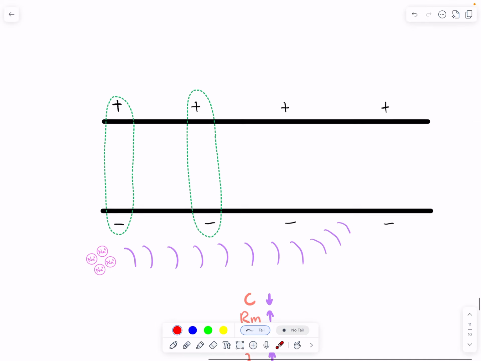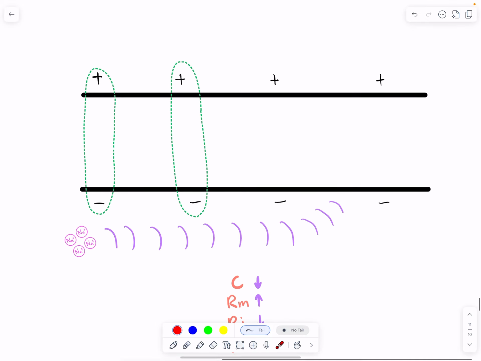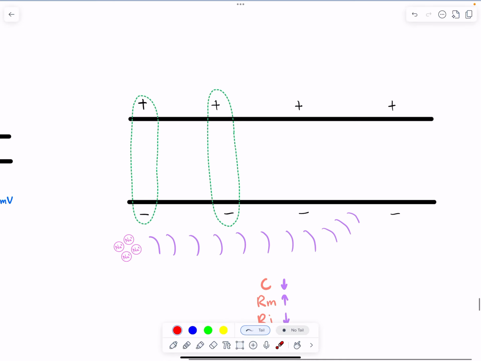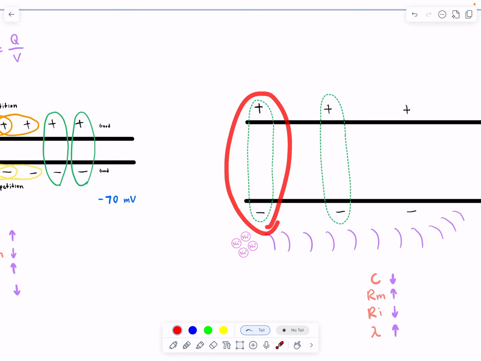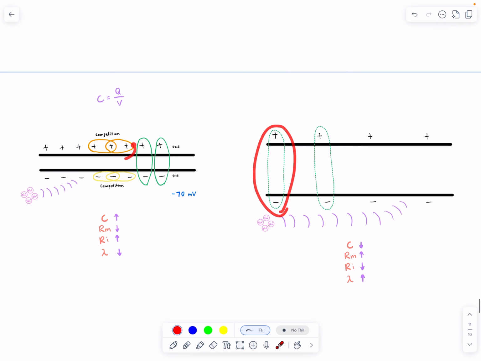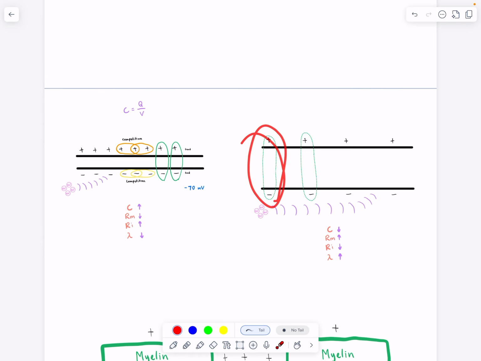However, if we were to increase the membrane resistance, making a bigger separation, there's still an attraction here, but it's not as strong. The competition I was talking about over here is going to trump this interaction, so these charges are going to spread apart.